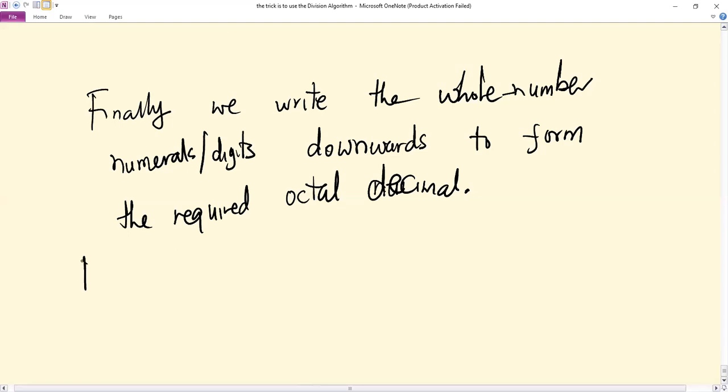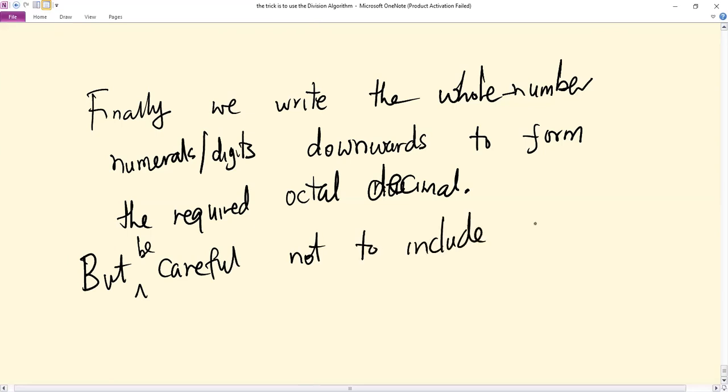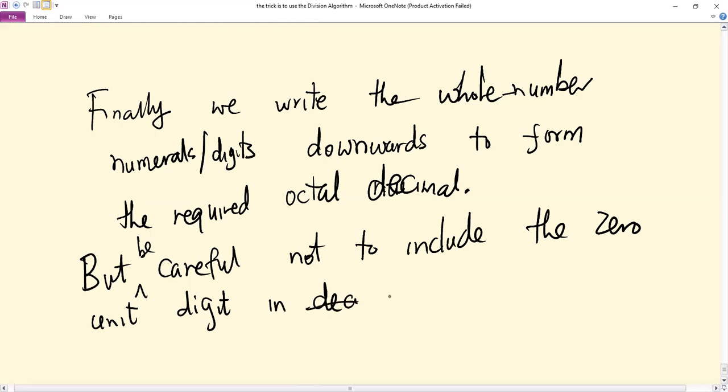But be careful not to include the 0 unit digit in the original denary decimal.